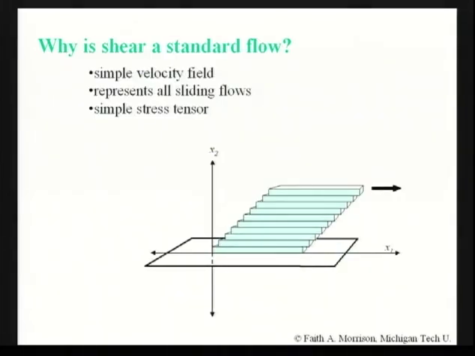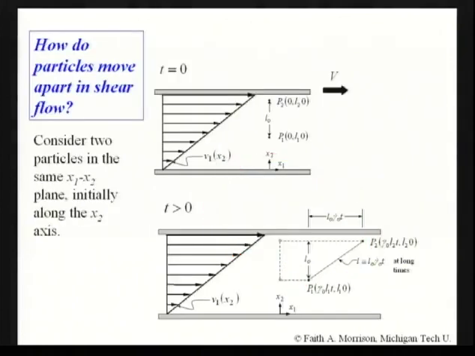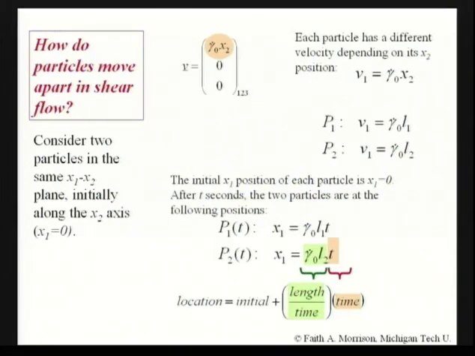Shear flow is a sliding flow, and it is a flow in which the separation between two particles varies linearly with time. Okay? So I didn't go through this derivation. I don't think I will. It is in the book.